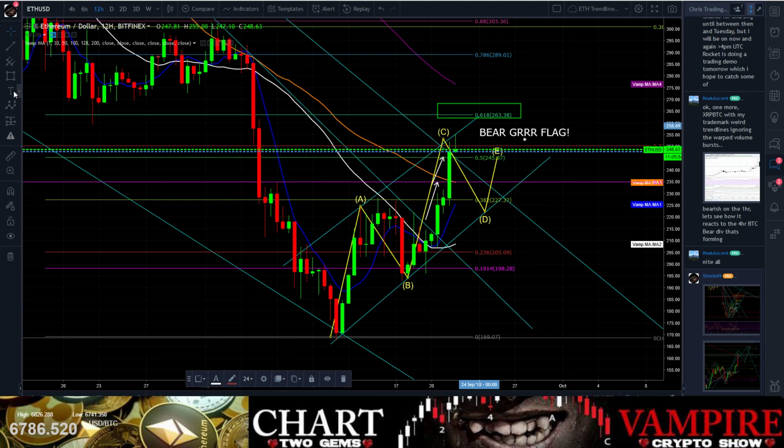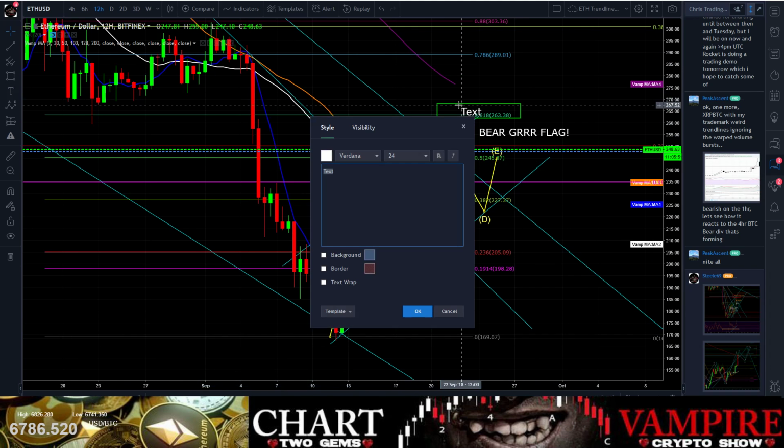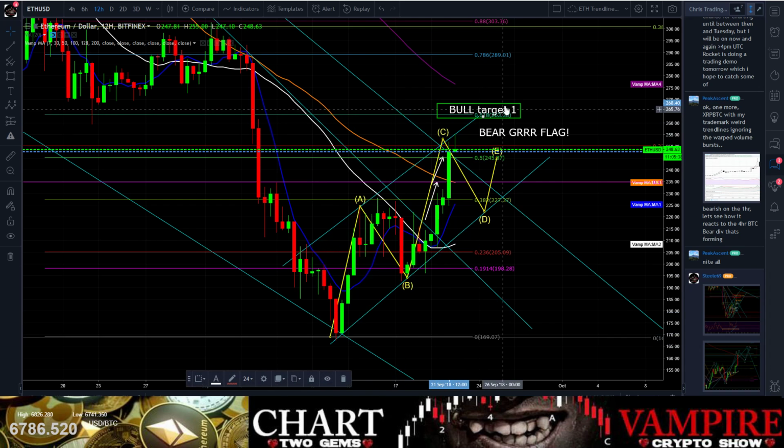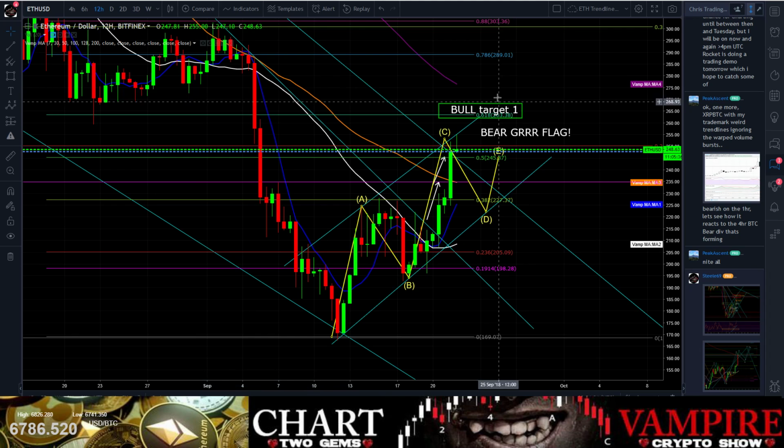And if you break out of the bear flag, this would be your bull target. Bull target 1 right there. This would be bull target 1 now. You break this.